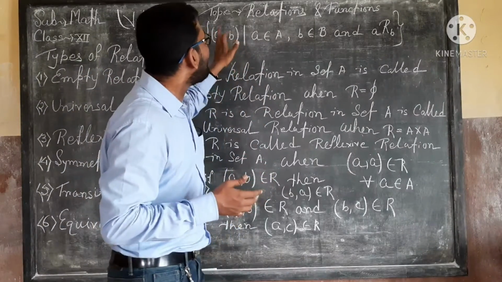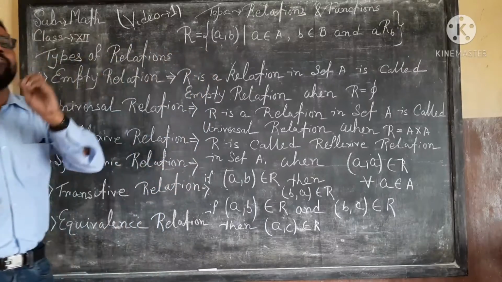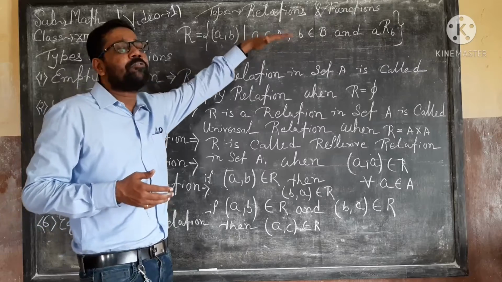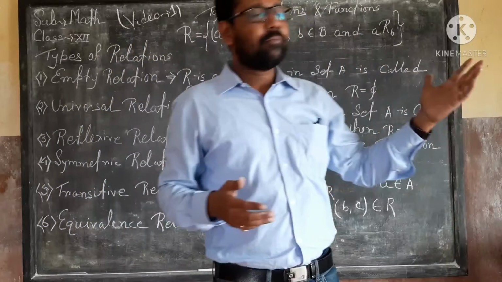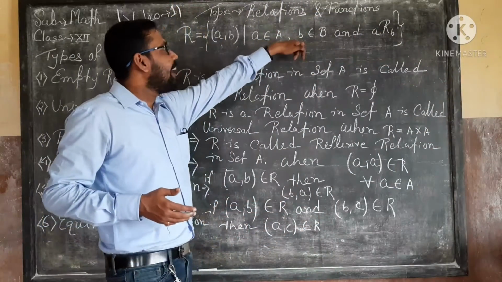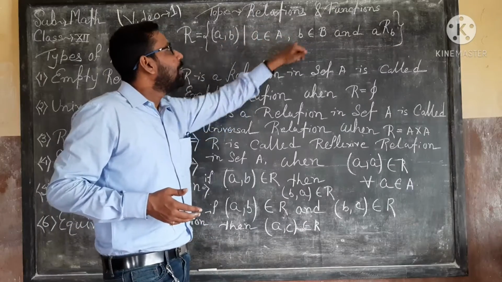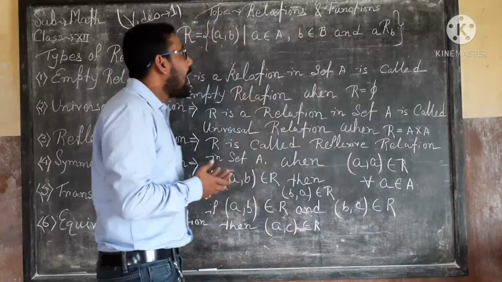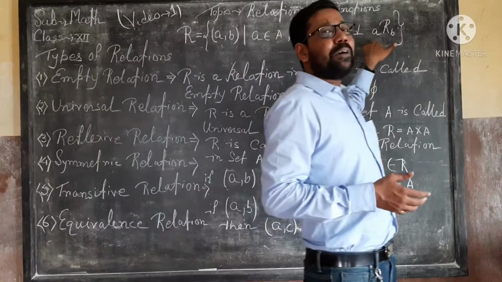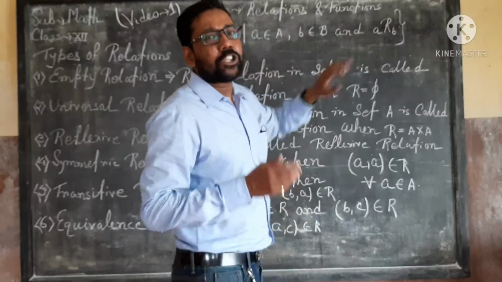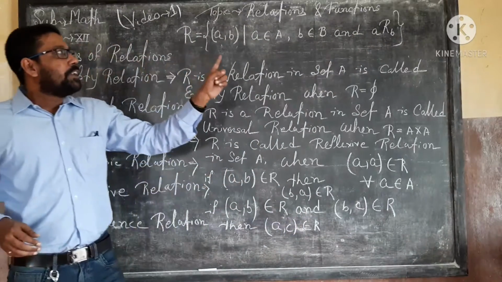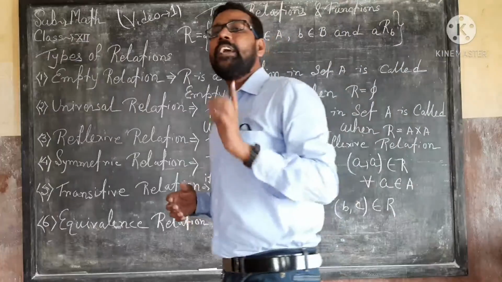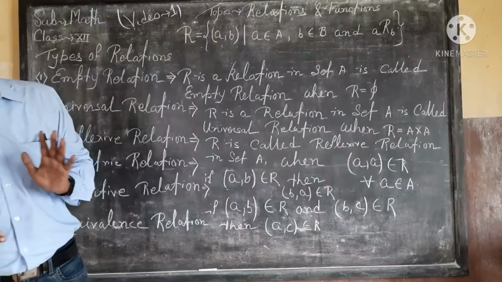The first element of each ordered pair comes from the first set, A, and the second element of each ordered pair comes from the second set, B. This is nothing but a symbolic notation that each ordered pair is connected to each other with a particular condition.